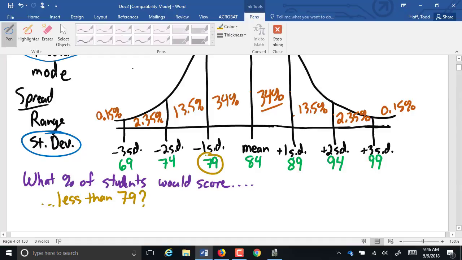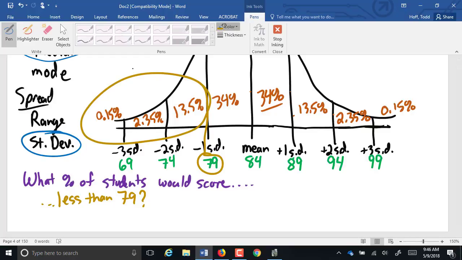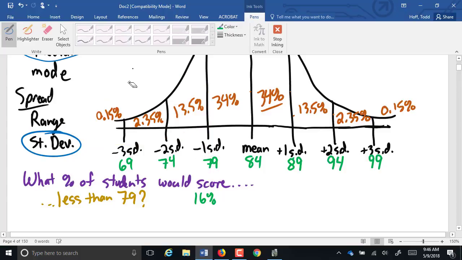Well, here's 79 right here. Less than that would be to the left side. What percent? If I add those all up, I would get 16%. So I would expect about 16% of my students to score less than 79.